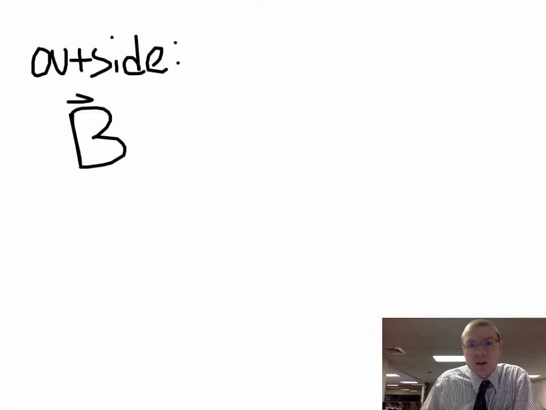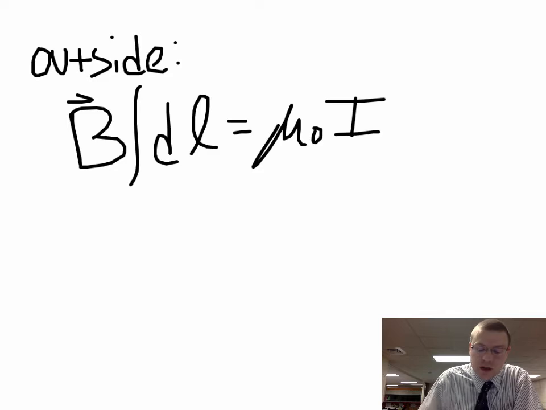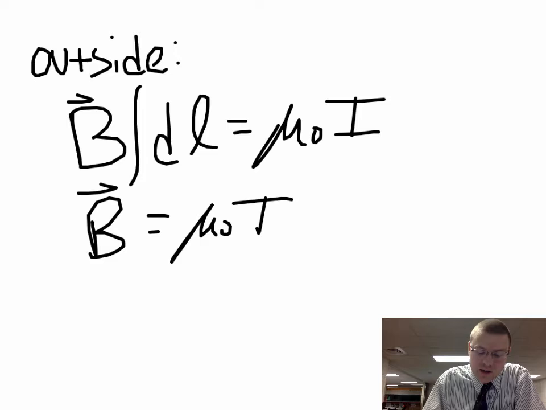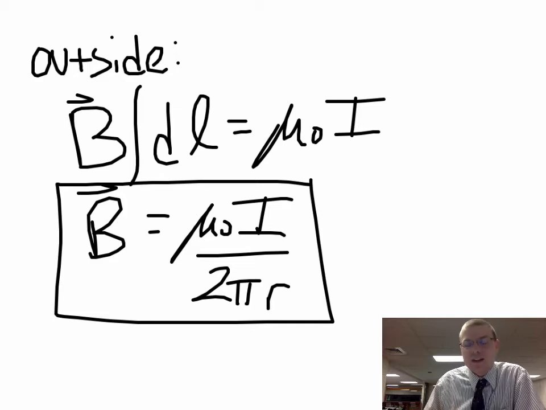The magnetic field will be constant at a distance from the wire, so I just have to integrate dl equals mu zero I. dl again is the length of my Amperian loop, which in this case is a circle, so the magnetic field outside ends up being mu zero I over 2 pi r. It's the same thing we just saw before. That's the magnetic field outside of a current carrying wire.